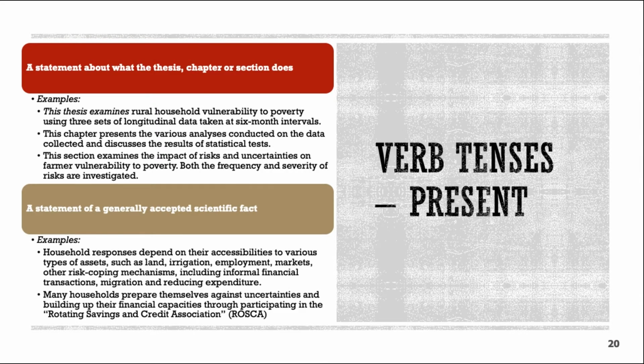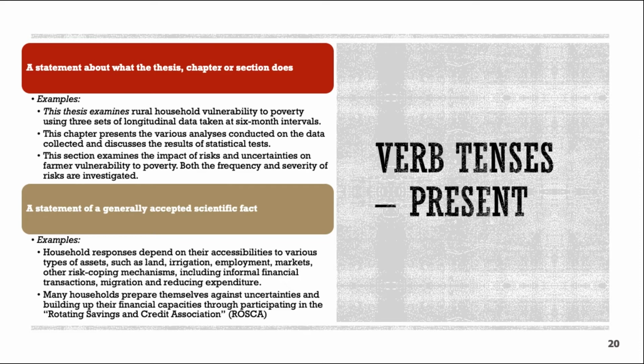We have the verb tenses. First we have the present, a statement about what the thesis does. For example, when we use it in chapters or sections: this thesis examines rural household vulnerability to poverty using three sets of longitudinal data taken at six-month intervals. So you can see the present tense.